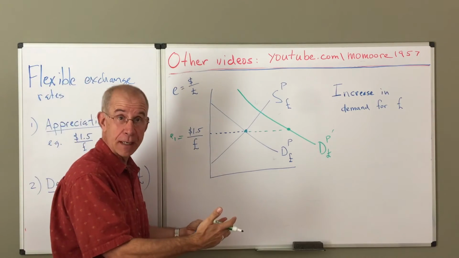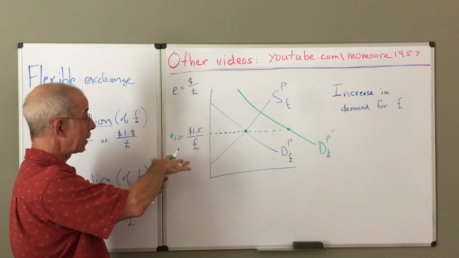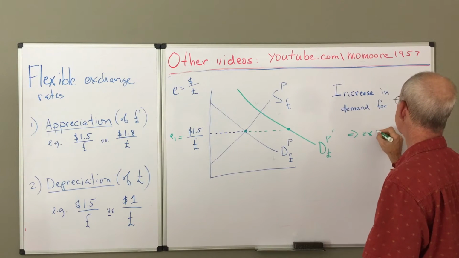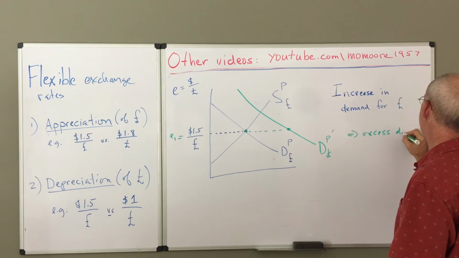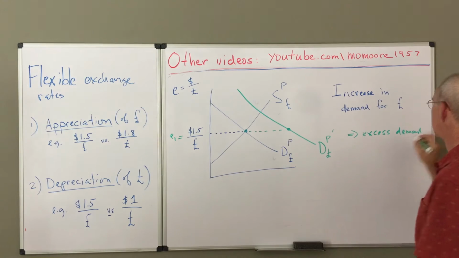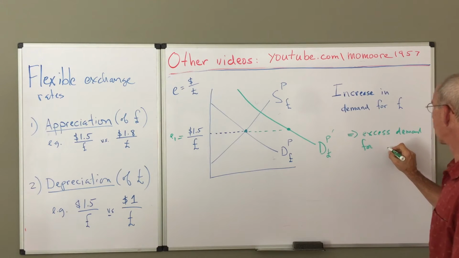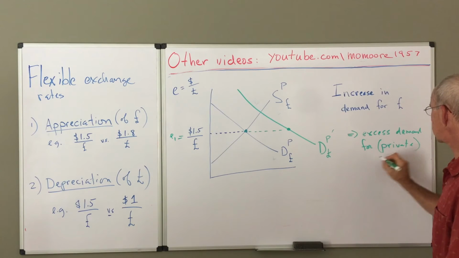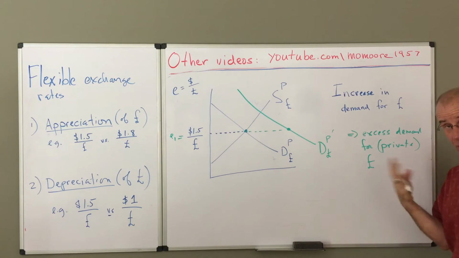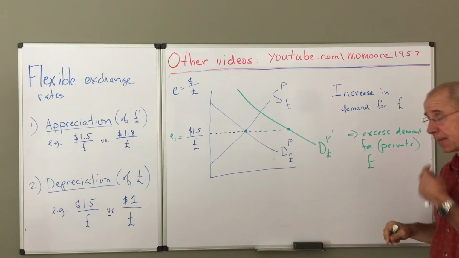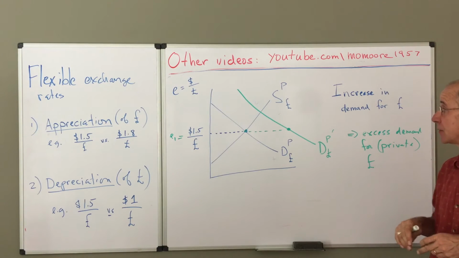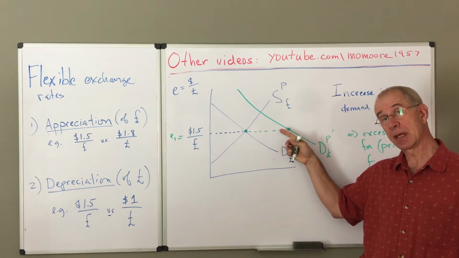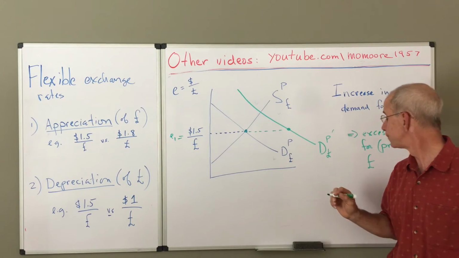This increase in the demand for pounds at the current exchange rate results in an excess demand for private pounds. So when I say private, that means by private citizens. So what you have here is this disequilibrium.